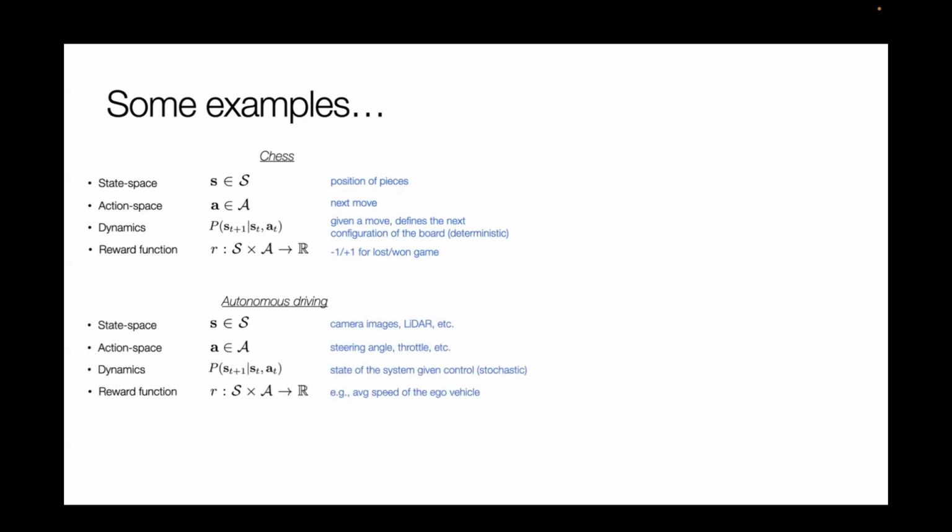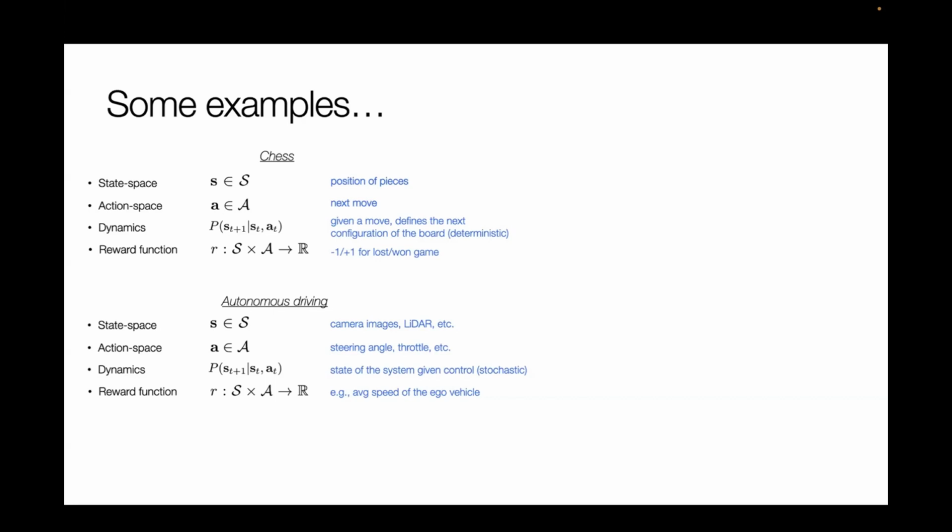And a second example, in the context of autonomous driving, could be where we want to drive a car autonomously. The state space could be represented by all the possible sensor readings we get from the car. So this could be camera images, LiDARs, other sensors. The action space could be the steering angle or the throttle, for example, if we are assuming we're controlling the car.